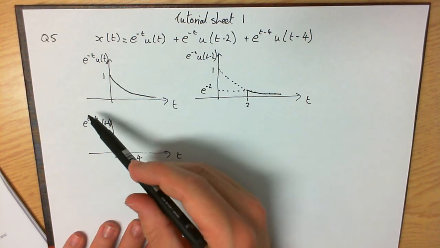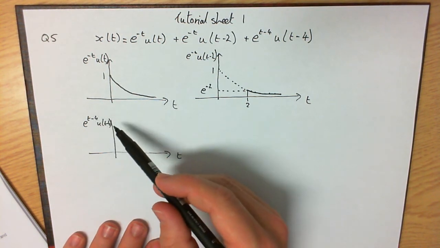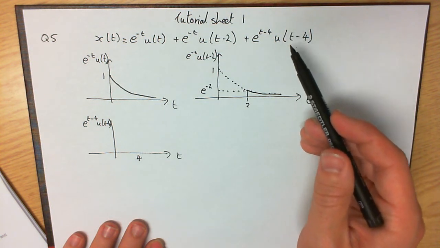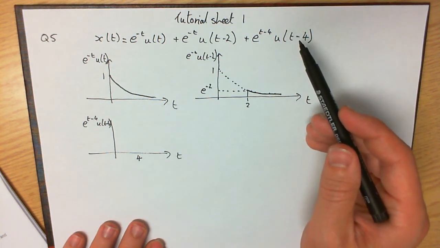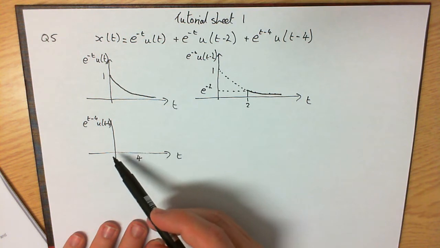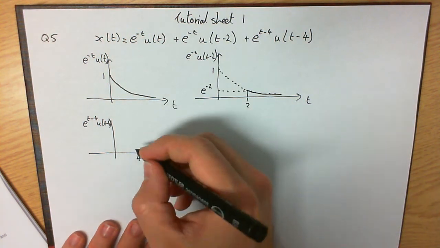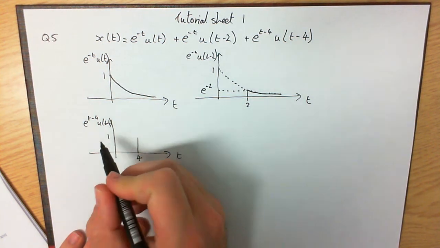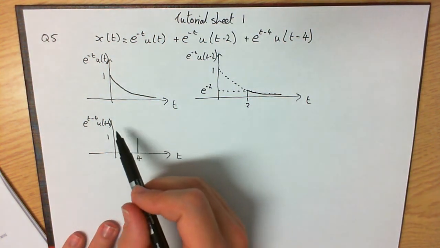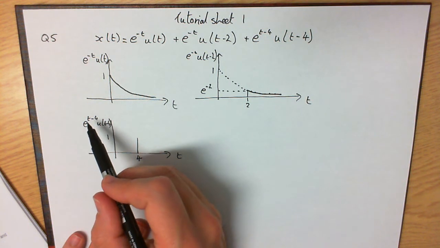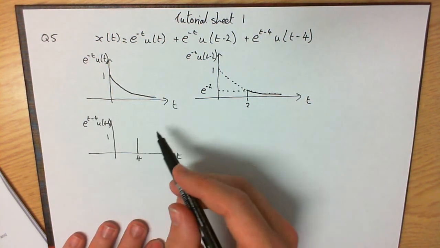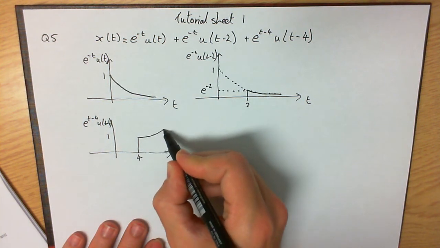So nothing's going to happen before t equal to 4, similarly because we have a unit step function. And then at this point we're going to have an amplitude of 1, because when t is equal to 4 you have e to the 0, which is 1, and then that's going to exponentially increase.